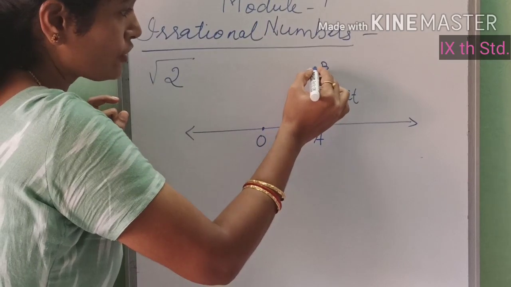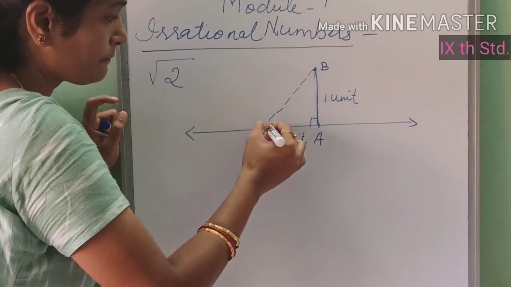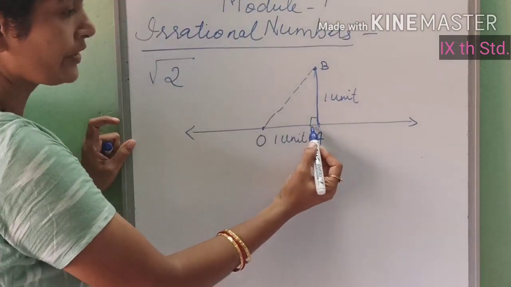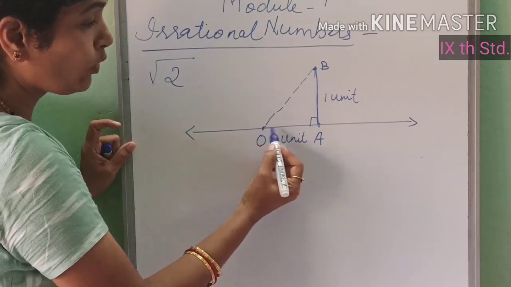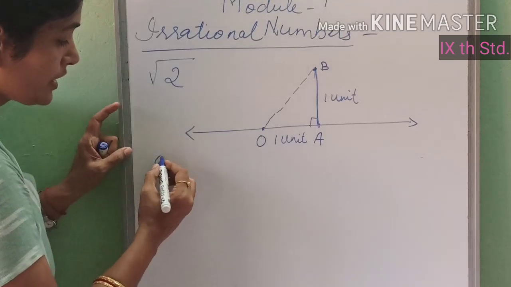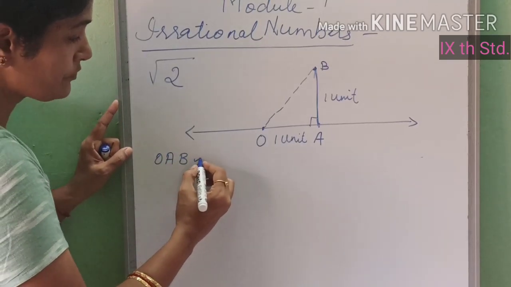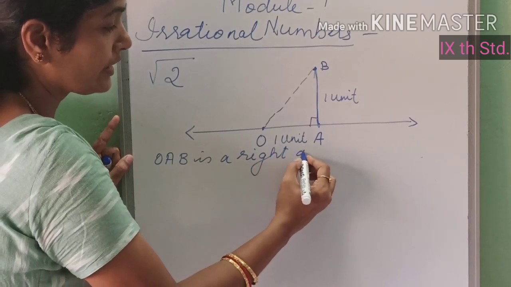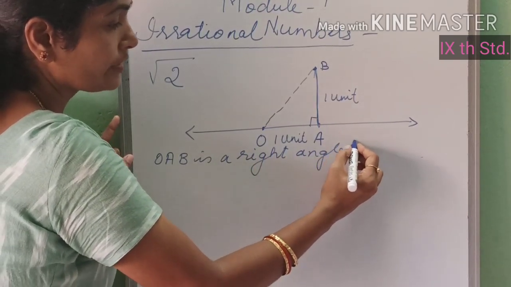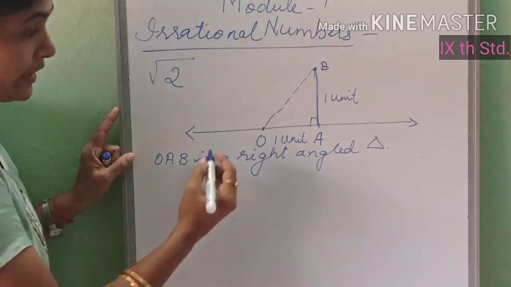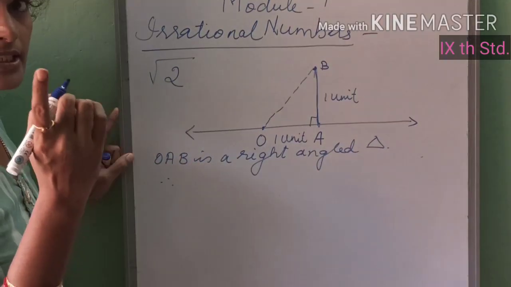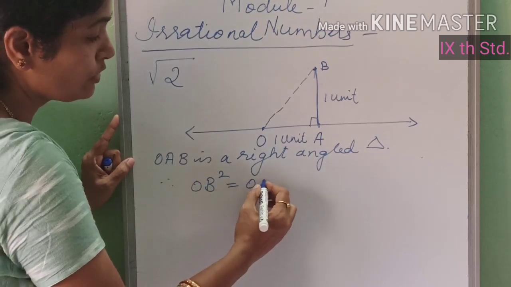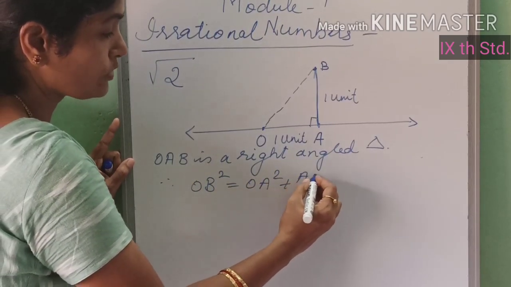Then I will join O to B. Now, since it is 90 degrees, what I am getting is that OAB is a right angled triangle. Therefore, according to the Pythagoras theorem, OB square is equal to OA square plus AB square.